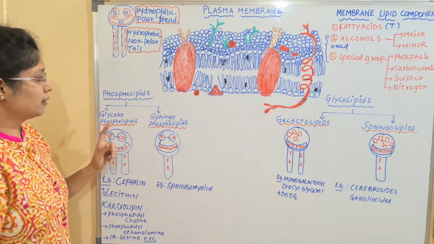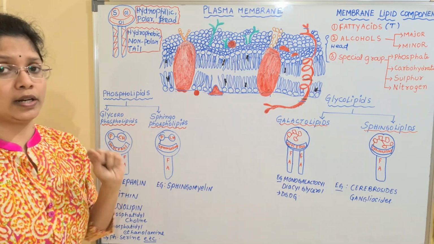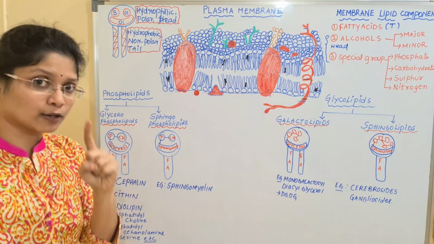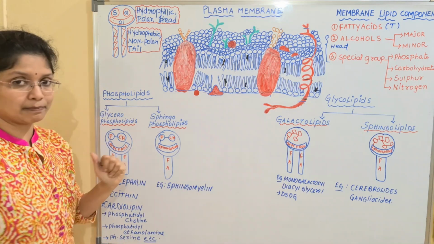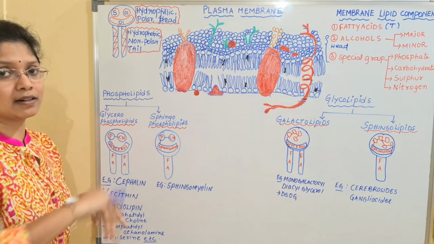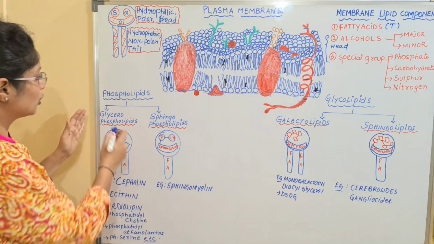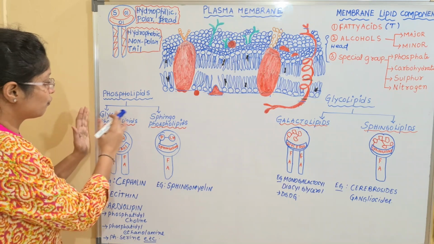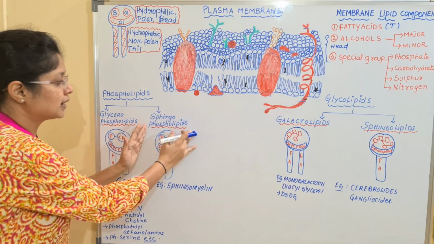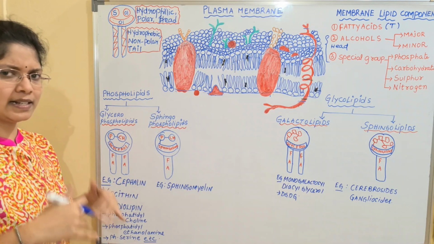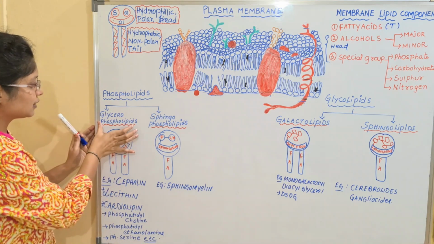And again, based upon the major alcoholic group present in these lipids, they are again subclassified into two categories: glycerophospholipids and sphingolipids. Then it is very easy to remember.